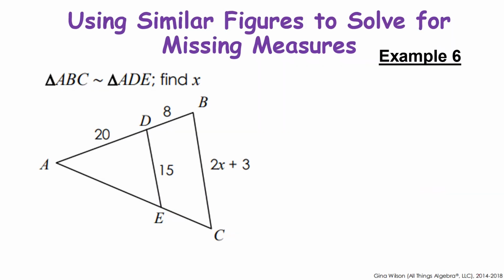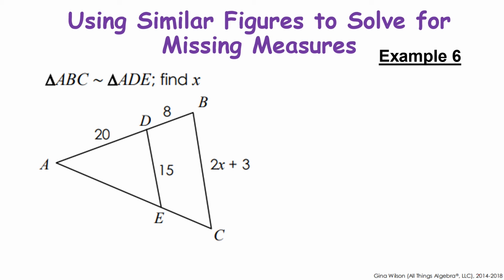Alright, so let's take a look at this example here. We have two similar triangles. It's a triangle within a triangle, and we want to find the value of x. So the way we do that, we want to set up a proportion. I'm going to write a fraction with the smallest triangle to the largest triangle.